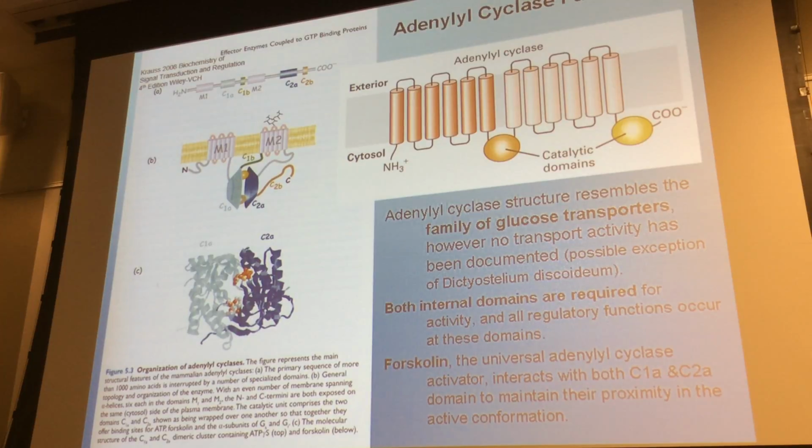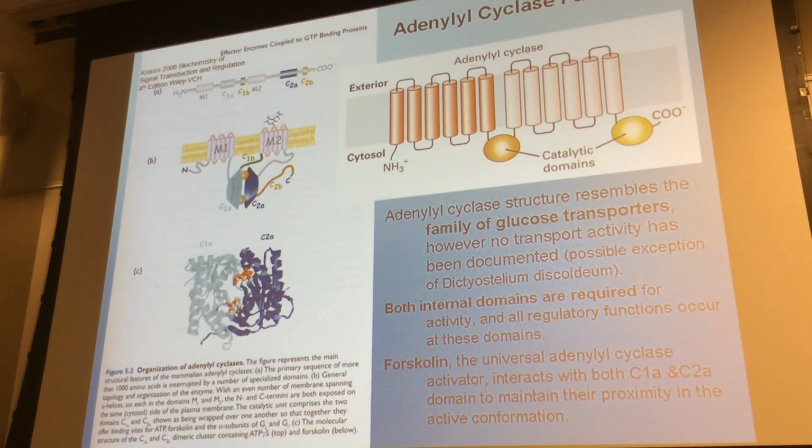But what it really looks like when it's inside the membrane is that all of these helices have hydrophobic residues outside, so that's how they get themselves bound into the membrane. And you can see what's happening here is that this little catalytic domain is contributed by this, and this catalytic domain is contributed by this, and they're held together in the inside of the cell.